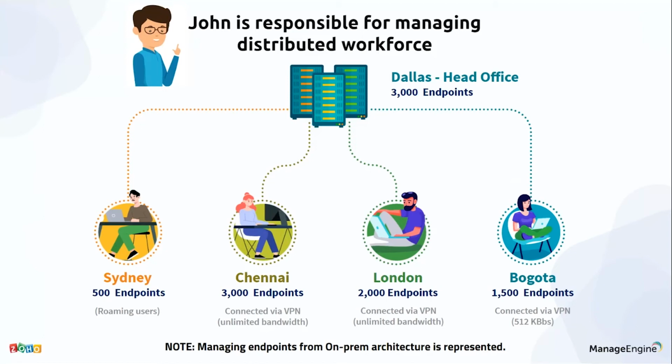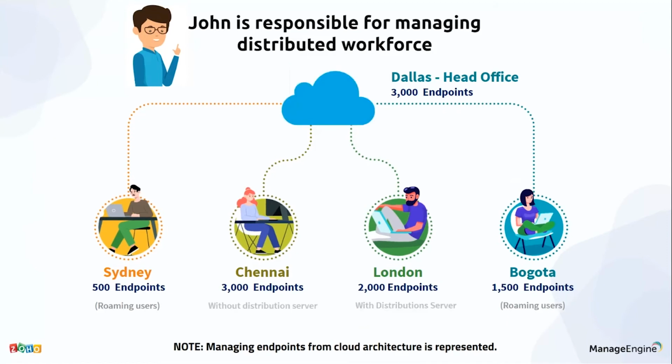and also you can manage the roaming users. When we discuss the on-premise architecture, we should discuss the cloud architecture of ManageEngine as well, which is of ease of use. The major difference between on-premise and cloud is just the hosting. There is no feature-wise difference because we offer this solution as a SaaS model, software as a service.